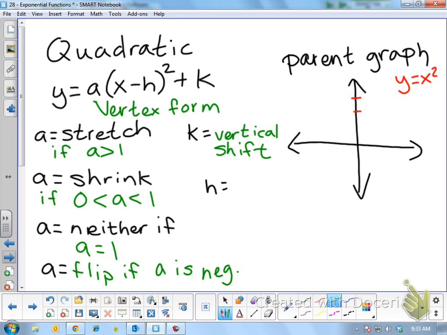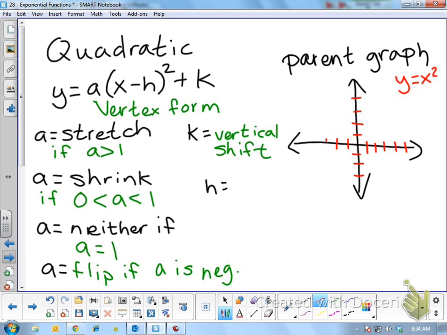That U shape had its own special name. Anyone remember what the U shape was called? Parabola. Okay, so the U shape is called a parabola.